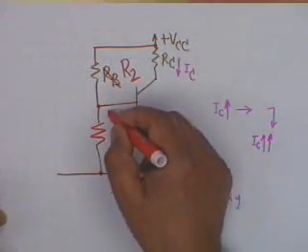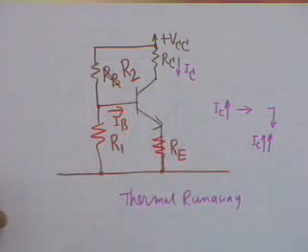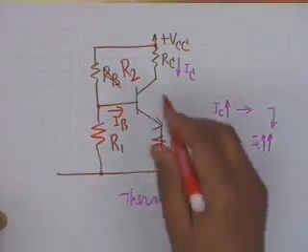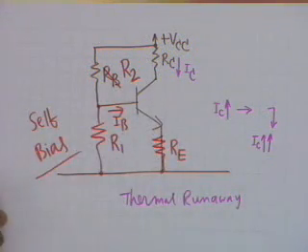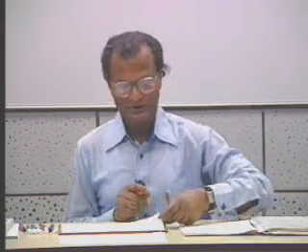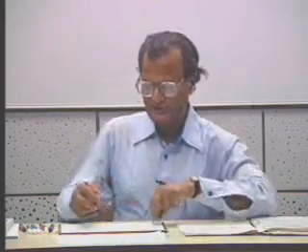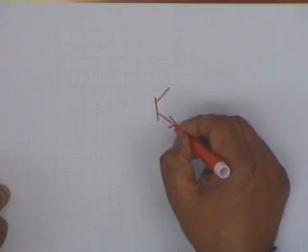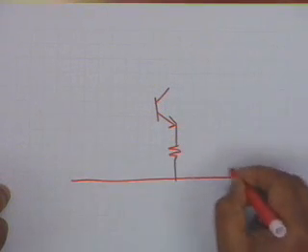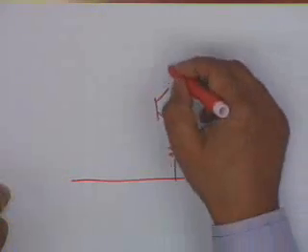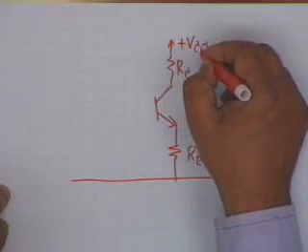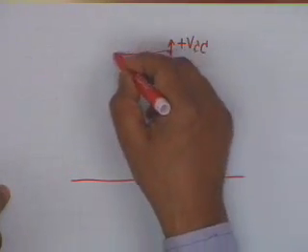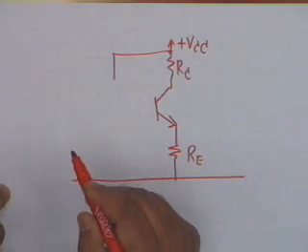I sub C is the collector current, I sub B is the base current, and the total circuit is called a self-bias circuit. Let me draw this again and explain how this helps in getting the bias stabilized. You have an emitter resistance Re, a collector resistance R sub C, this goes to plus VCC, plus VCC because it is an NPN transistor.